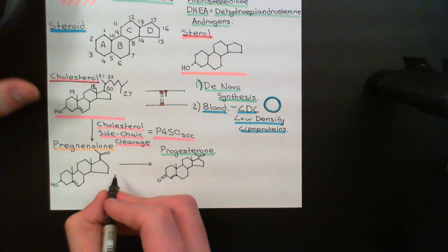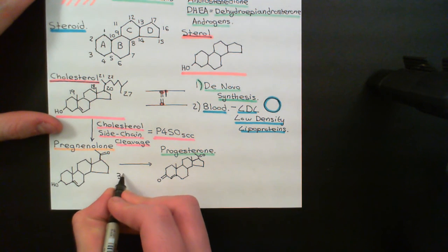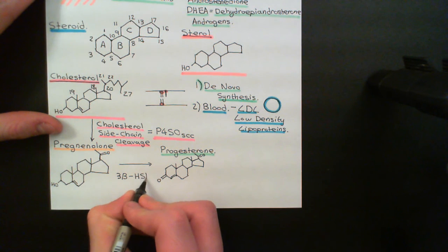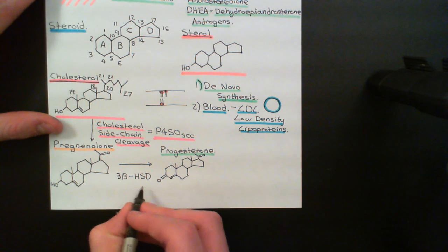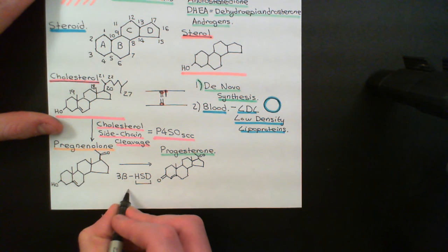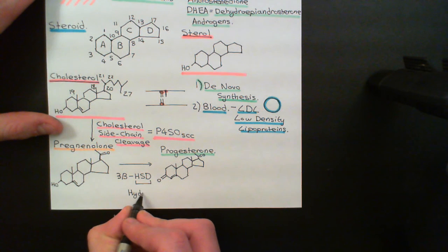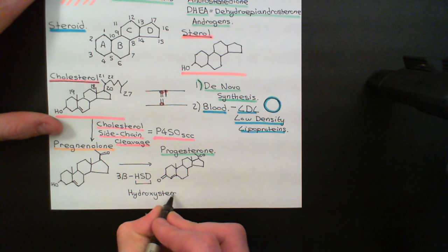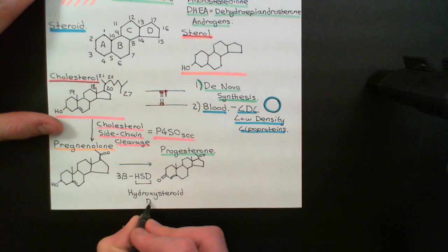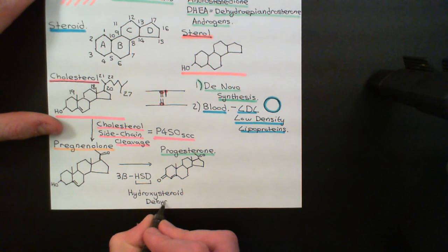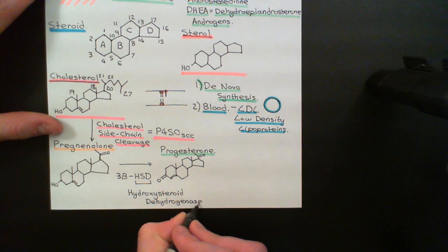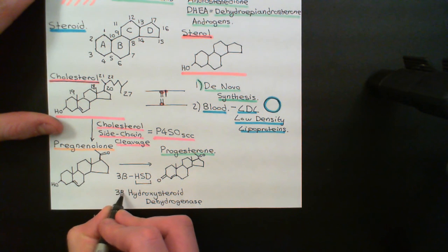And this is catalyzed by an enzyme known as 3-beta hydroxysteroid dehydrogenase, which is often abbreviated down to 3-beta HSD. So HSD here stands for hydroxy, that's the H, and then steroid, that's the S, and then dehydrogenase, that's the D. So 3-beta hydroxysteroid dehydrogenase, like so.